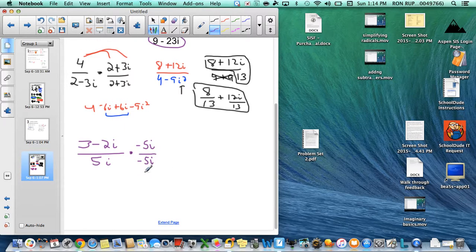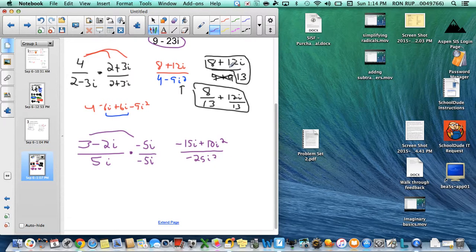And so when we do that, we're going to get 3 times negative 5i is negative 15i. And we're going to get negative 2i times negative 5i is positive 10i squared. And then all over 5i times negative 5i is negative 25i squared.